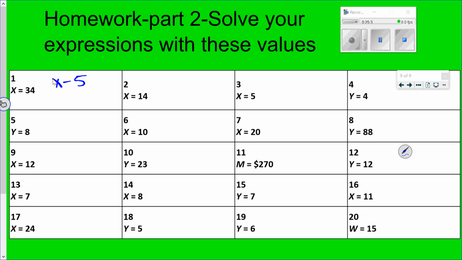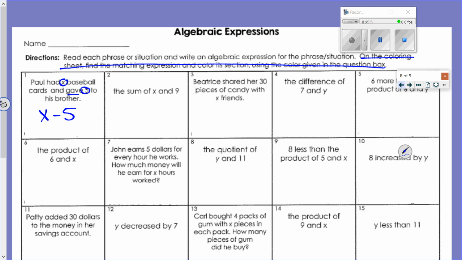And now they have given me a value for X. So I'm going to substitute the value in, 34 minus 5, and my answer is 29. Make sense? So if you miss it on the front, you're going to miss it on the back. Hint, hint. If you get a really weird answer on the back, relook at what you did on the front.